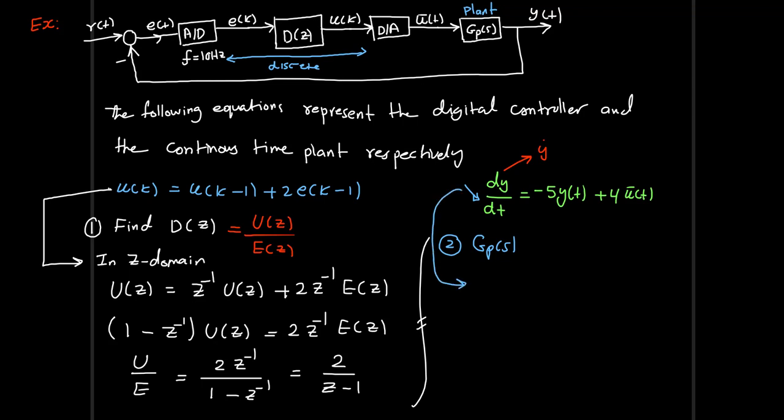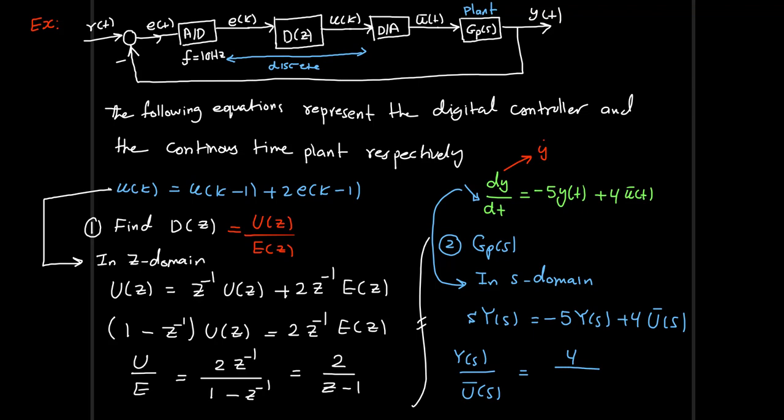So simply, in S domain, and I'm assuming that the initial condition is equal to 0, this will be S Y of S will equal to minus 5 Y of S plus 4 u bar of S. So simply Y of S over u bar of S will equal to 4 over S plus 5.